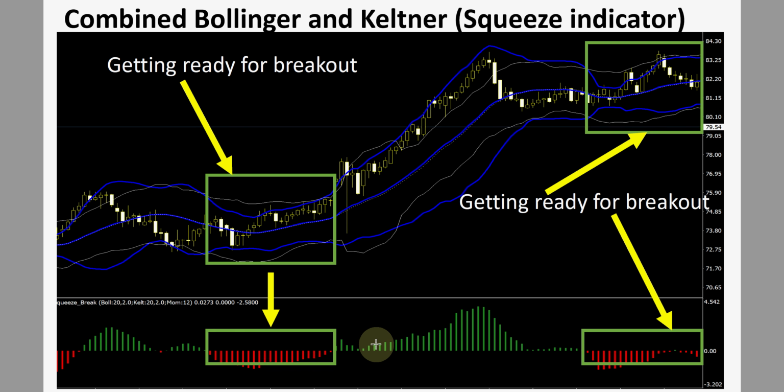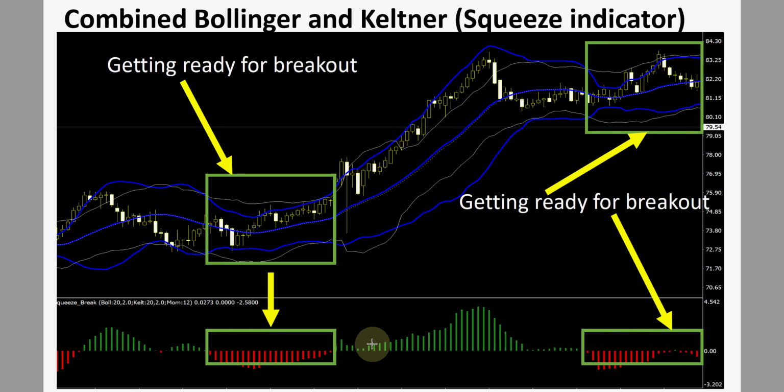Take for example, if you are day trading on a 5-minute chart, you can apply the squeeze indicator to an hourly or 4-hour chart and use that as a range indicator. You will see consolidation on the higher time frame, which will help you to avoid very choppy trading on the lower time frame. As you know, trading in a choppy market is not advisable if you use the wrong strategy.